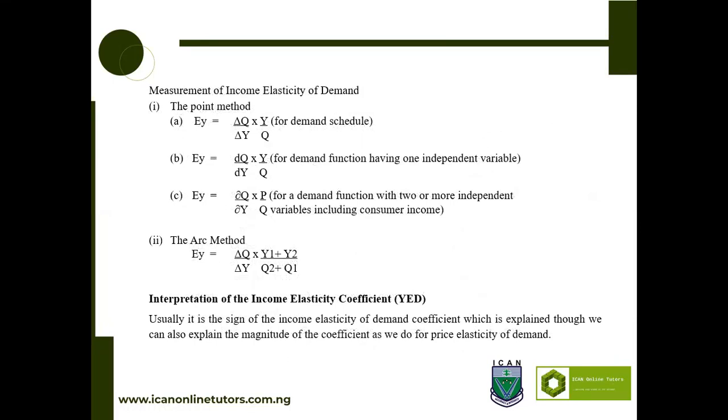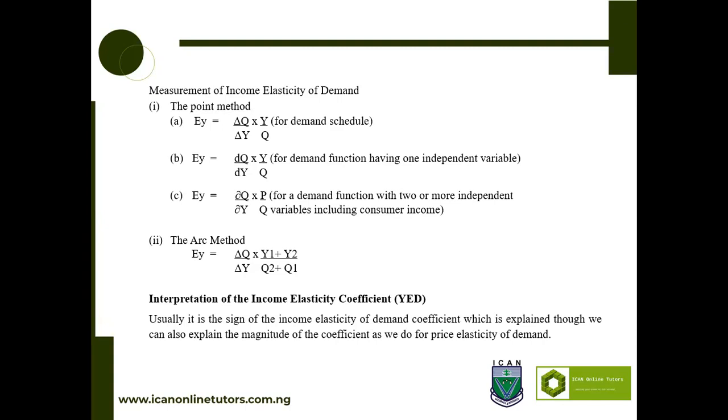Now, how do we measure income elasticity of demand? We have the point method. EY, which is percentage change in quantity divided by percentage change in income multiplied by income divided by quantity for demand schedule.